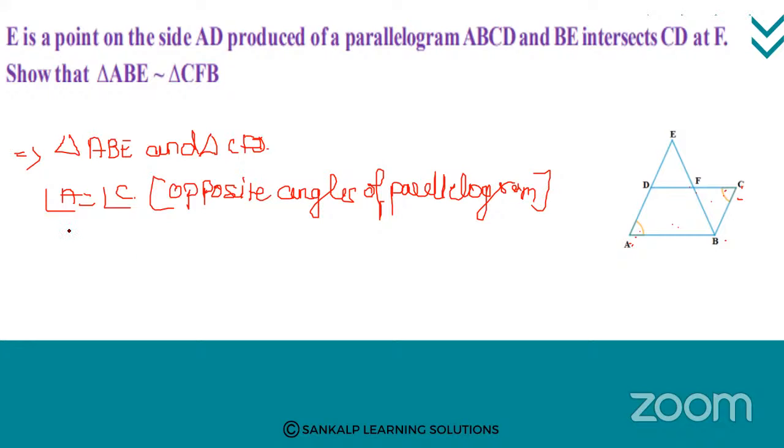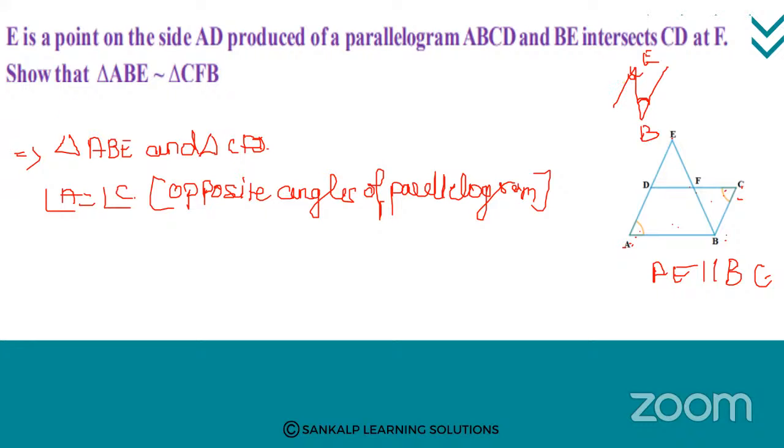Next, now observe carefully. When AE is parallel to BC, okay, it is also like a Z shape. So in a Z shape, this is angle E and this is B. Therefore, angle E and angle B are equal.